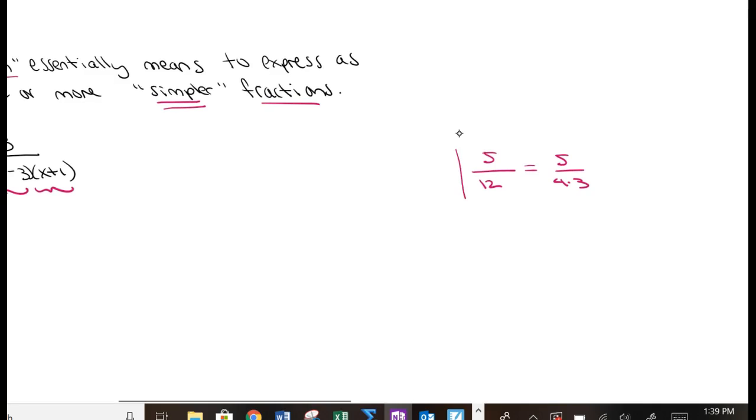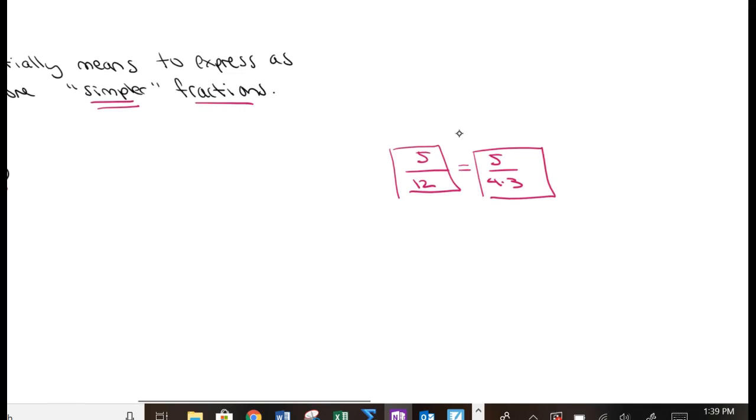If I have the fraction 5/12, and I know that I can rewrite 12 as 4 times 3 or 6 times 2, I'm just going to choose 4 times 3. The point here is that this fraction, 5/12, could conceivably be the sum of a fraction that has a denominator of 4 and a fraction whose denominator is 3.